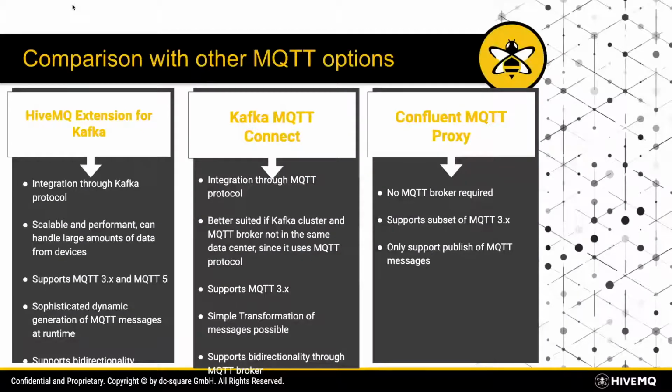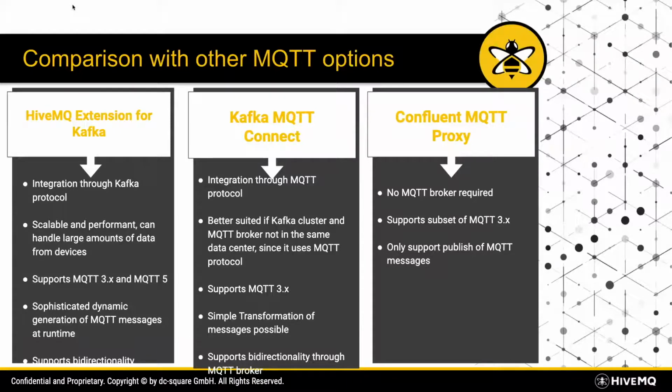Other options for the part of connecting your MQTT with Kafka. So we have Kafka MQTT Connect, and we have the Confluent MQTT proxy. So for example, the Confluent MQTT proxy has a big advantage that you don't even need an MQTT broker, and you can directly connect your MQTT devices to the Confluent platform.